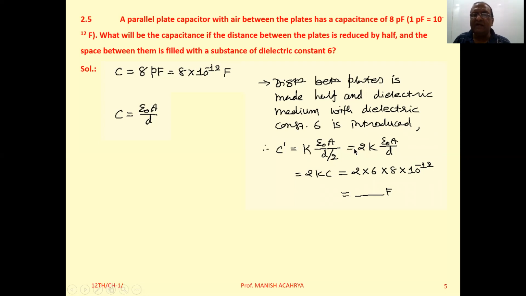Resultantly we can write 2K epsilon 0 A by D. But epsilon 0 A by D is our original capacitance which is given to you, that is C. So C dash, the new capacitance, is equal to 2KC. So 2, K the dielectric constant that is given to you is 6, and C is 8 into 10 raised to minus 12. Solve this one, you will get the new capacitance. Clear?